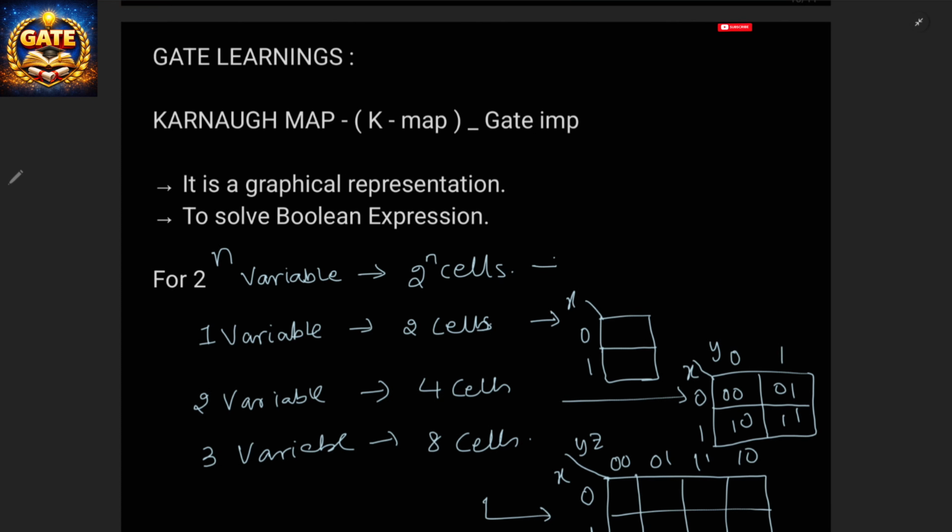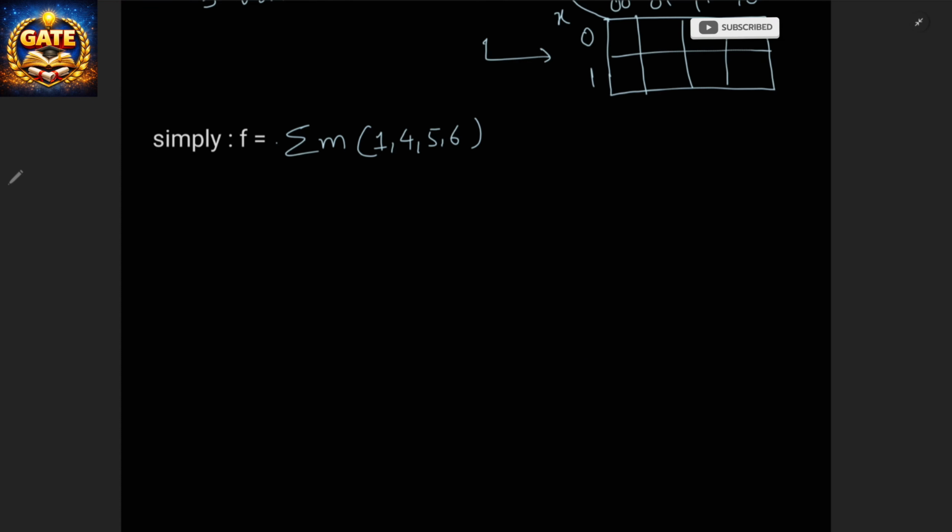So let's get into solving by examples to explore more. First example: they provided some minterms, and we need to solve using this K Map method. Totally four minterms are provided.